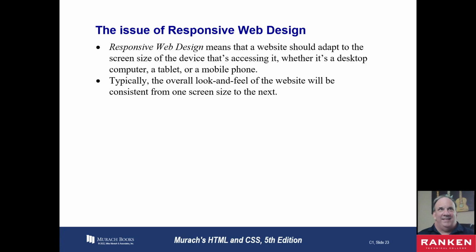It should function, right? You should be able to use that application. Of course, you can't always fit everything you see on a large desktop monitor onto a phone. You can't necessarily fit everything, but it needs to be usable, right? I'll show you an example of that.